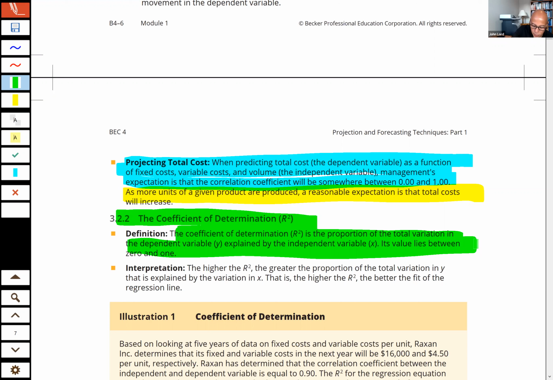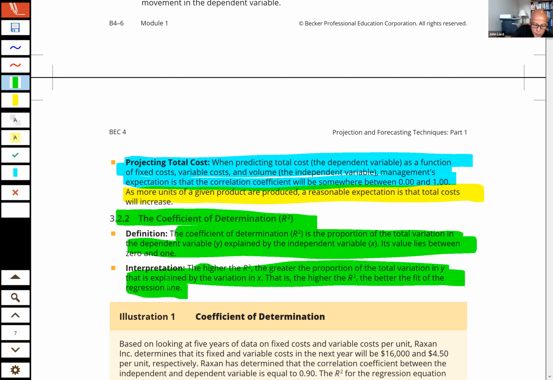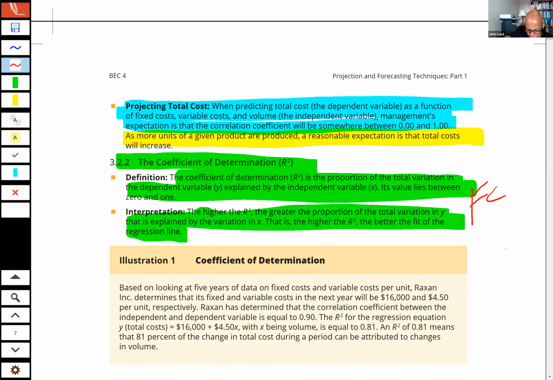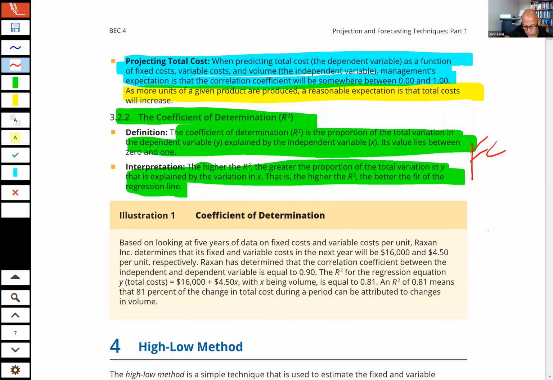So the higher the R, the greater the proportion of total variation that is explained by the variation in X. How much of the change in the dependent variable is caused by the change in the independent variable? Okay, so flashcard those definitions.